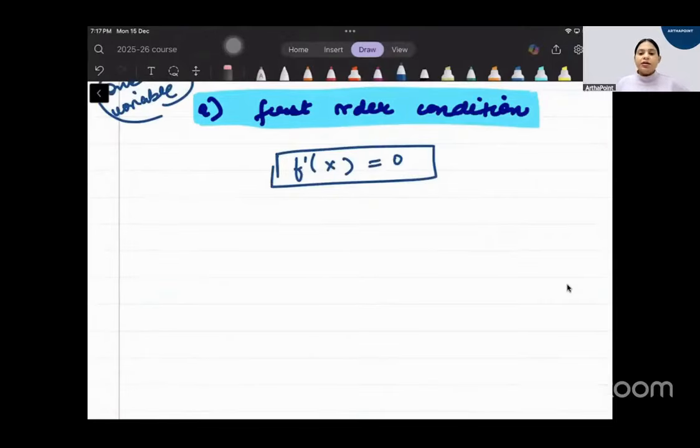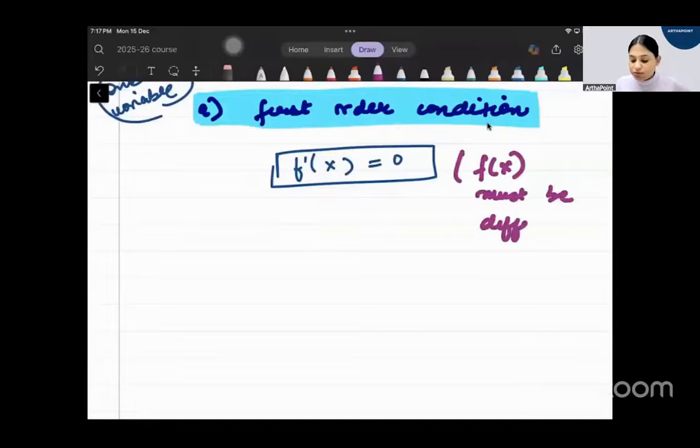Now, because I am differentiating the function and equating it to 0, ये सिर्फ तब possible होगा अगर मेरा function differentiable होगा. Otherwise, it's not possible. So, माने in the background, my function must be differentiable.